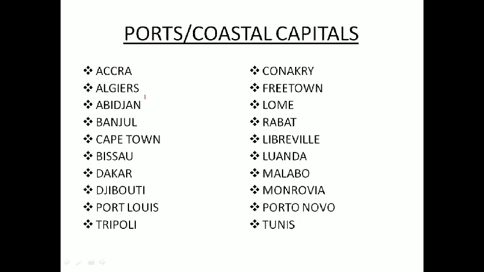Accra, Algiers, Abidjan, Banjul, Cape Town, Bissau, Dhaka, Djibouti, Port Louis, Tripoli, Conakry, Freetown, Lome, Rabat, Libreville, Luanda, Malabo, Monrovia, Porto Novo, Tunis. These are the coastal capital cities in Africa.